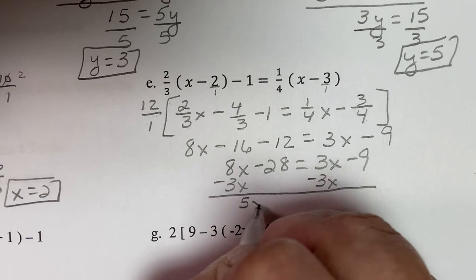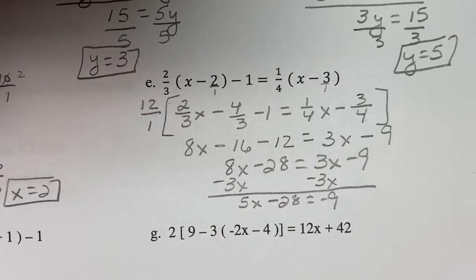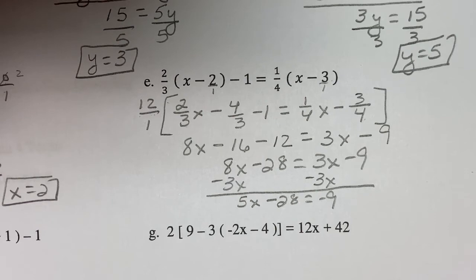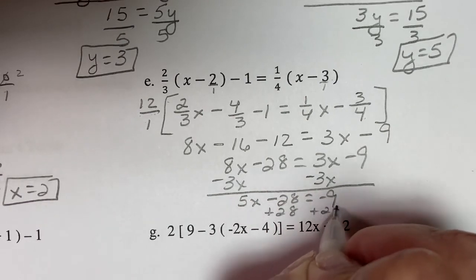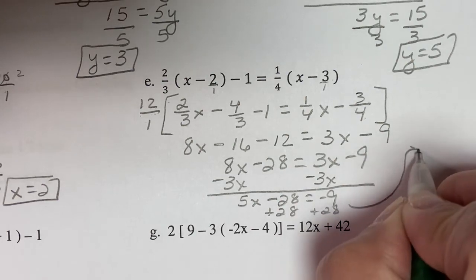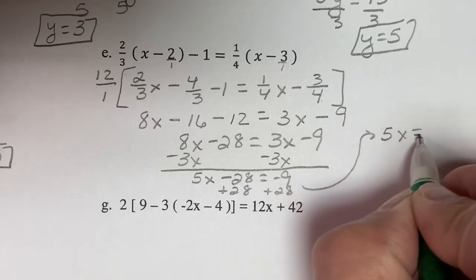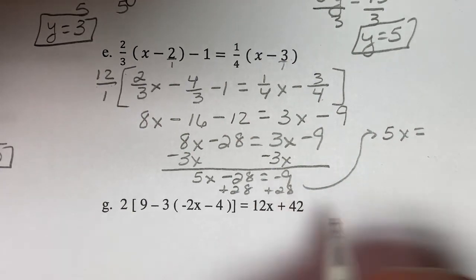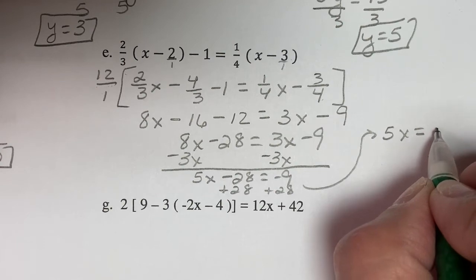So I'm going to get 5x minus 28 is equal to -9. I'm going to add 28 to both sides, and I'm going to fly up here. So that's leaving me 5x equals, and -9 plus 28 is going to be, oh boy, what, 19?